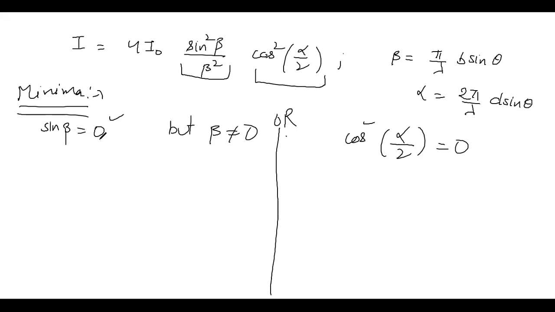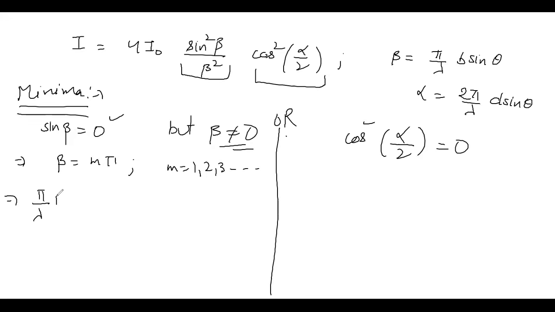What does this mean? If your sin beta is 0, that means your beta is equal to m pi, but your m is not equal to 0. क्योंकि अगर आपका m 0 हो गया तो beta 0 हो जाएगा, which we already excluded. So your m has to start from 1 onwards. That means beta की वैल्यू यहाँ पे plug in कर दीजिए.